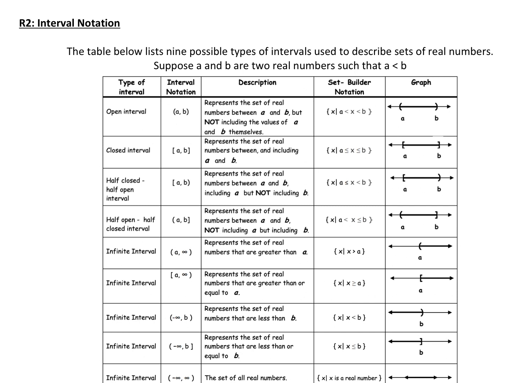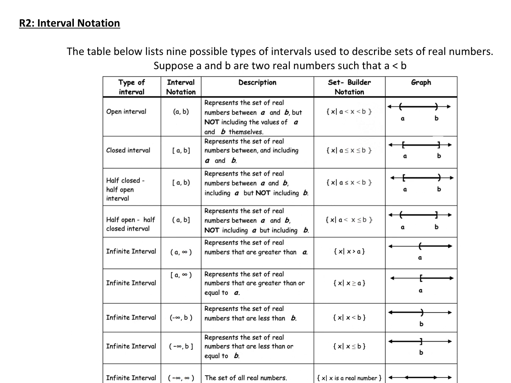We've got the description, like in words, and then set builder notation, which is where it does have the squiggly brackets, but then it's like x where x is between these certain numbers or greater than this or less than this. And then the graph, which you'll probably see me use open and closed circles instead, but just know that you can also use parentheses and brackets on the graphs instead of open and closed circles.